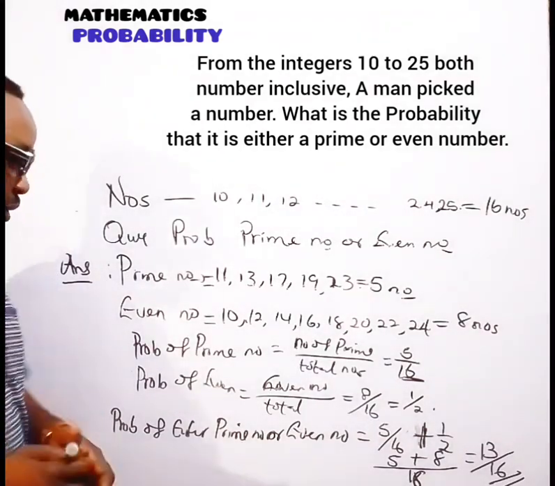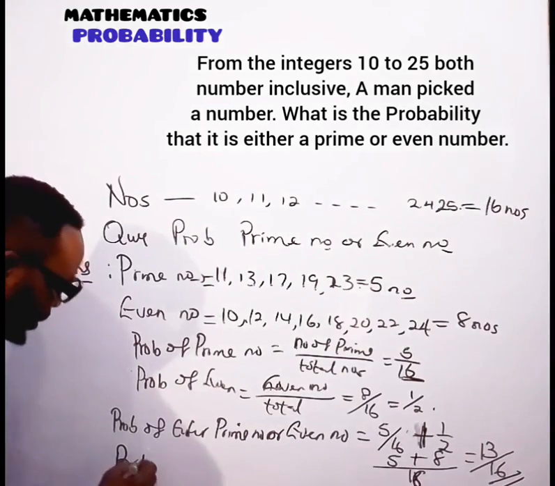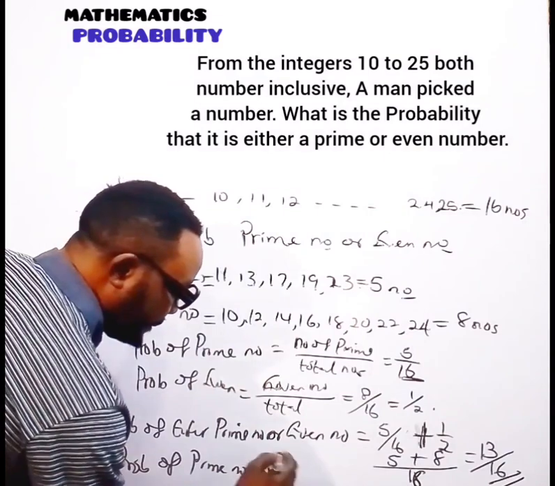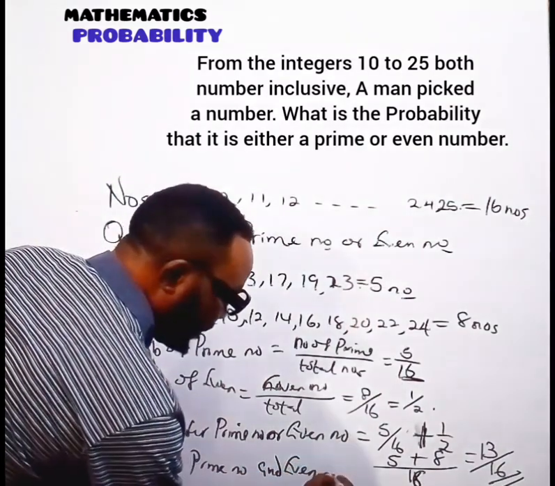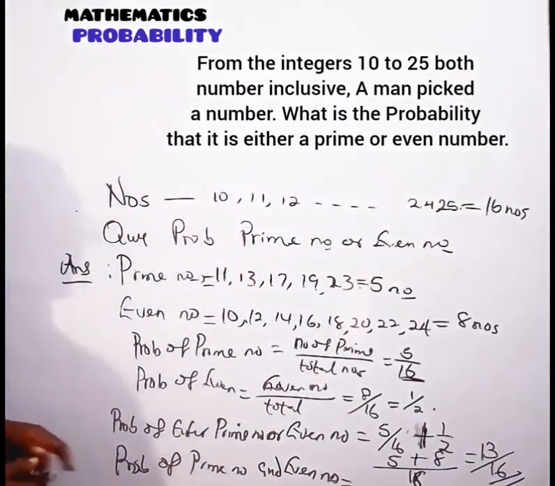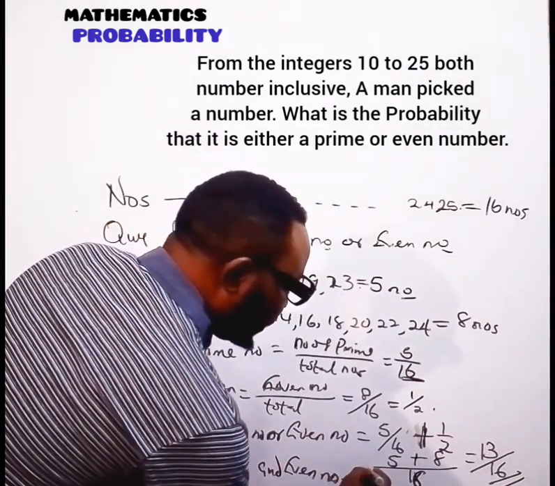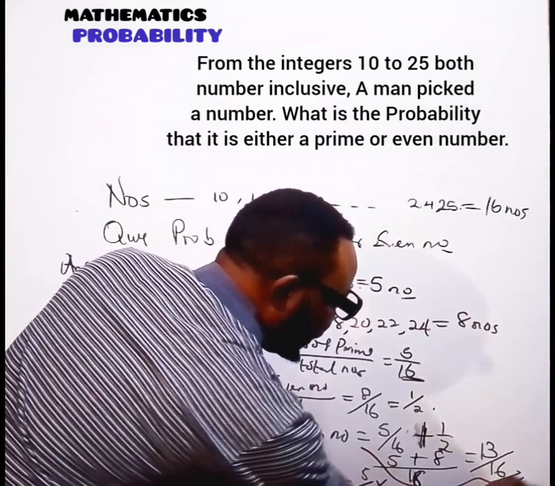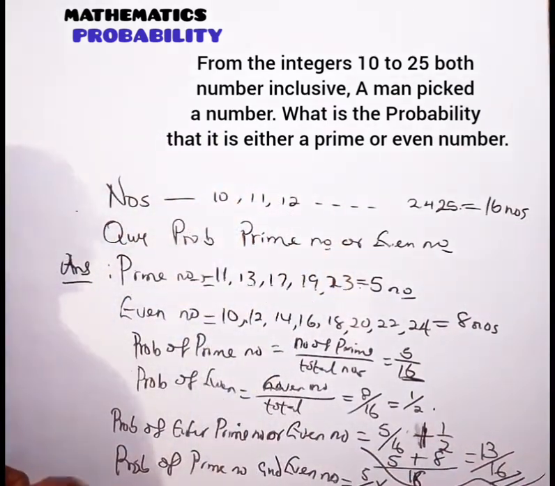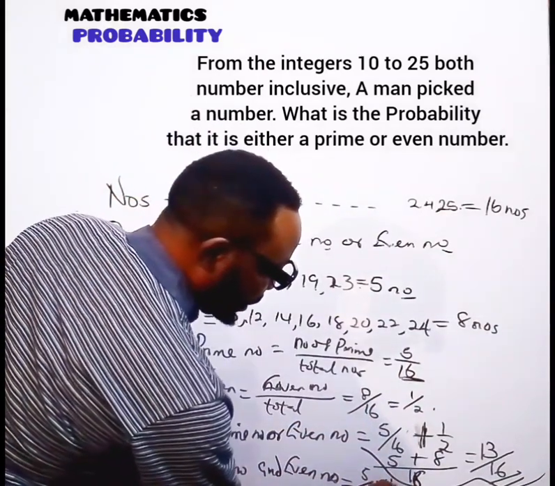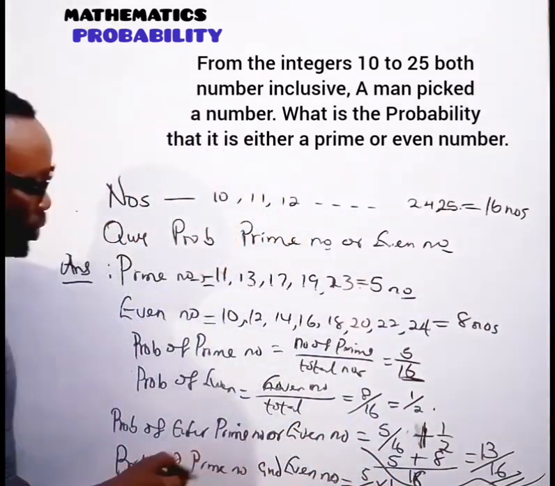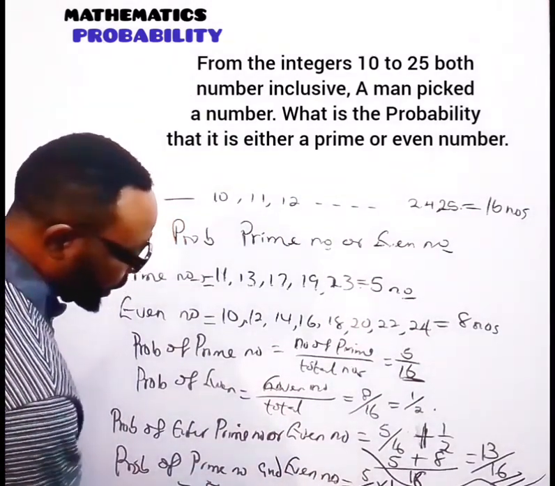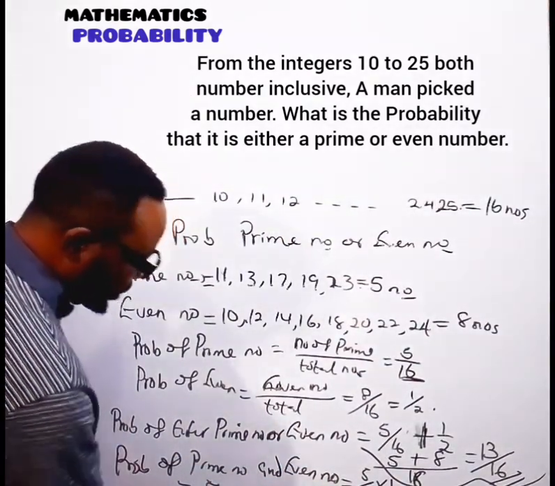Now, the probability of a prime number and an even number will be equal to 5 over 16 multiplied by 1 over 2, which will be equal to 5 times 1 is 5, all over 16 times 2 is 32.